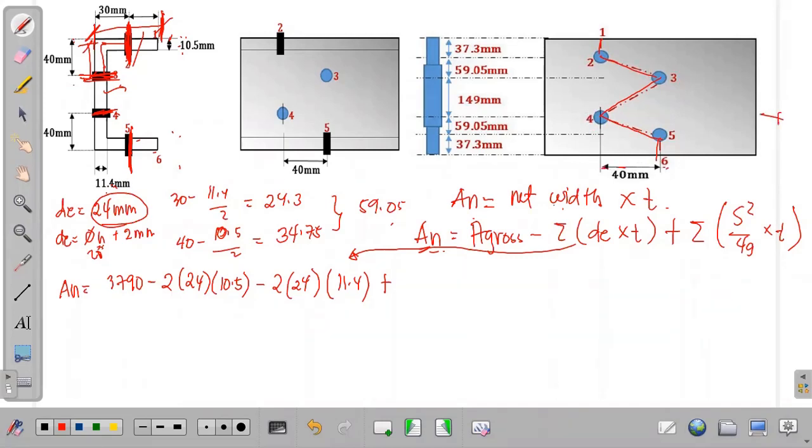Pagka ito yung P natin. Ito yung S natin, 40. Yung G natin. Yung G. 4G. So, say unahin natin ito.